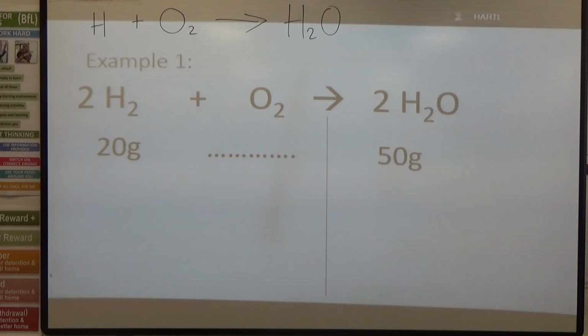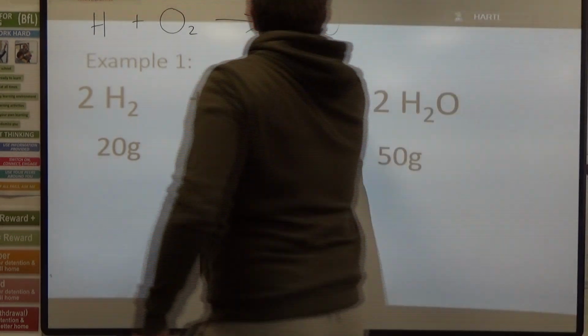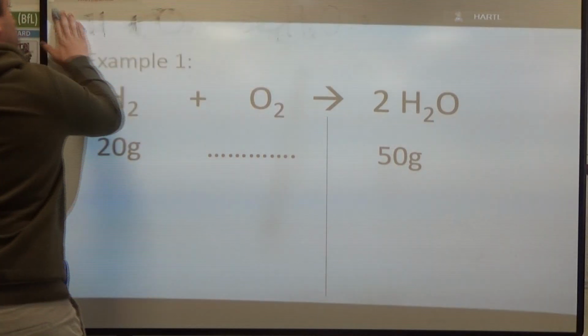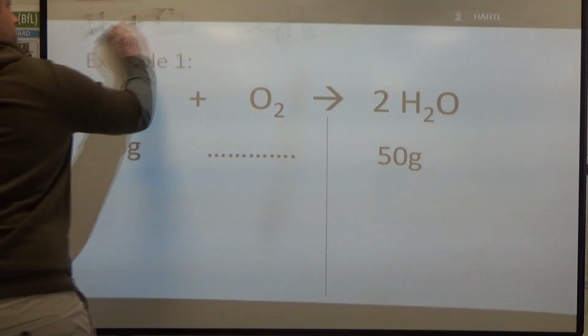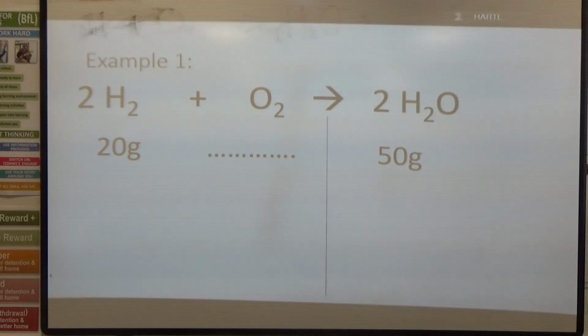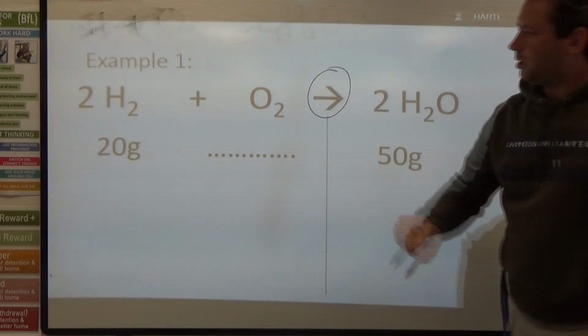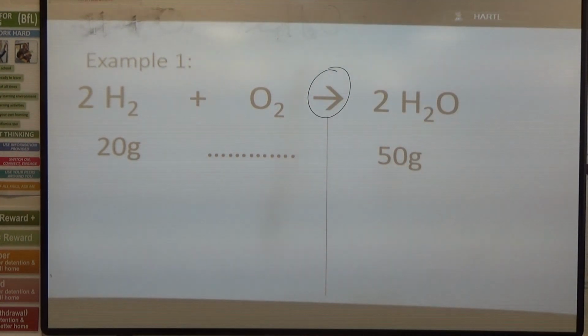So, a couple of examples then, and these are questions you may get asked about conservation of mass, giving you some values. You have to remember that the mass has to be the same before the arrow and after the arrow in the equation.